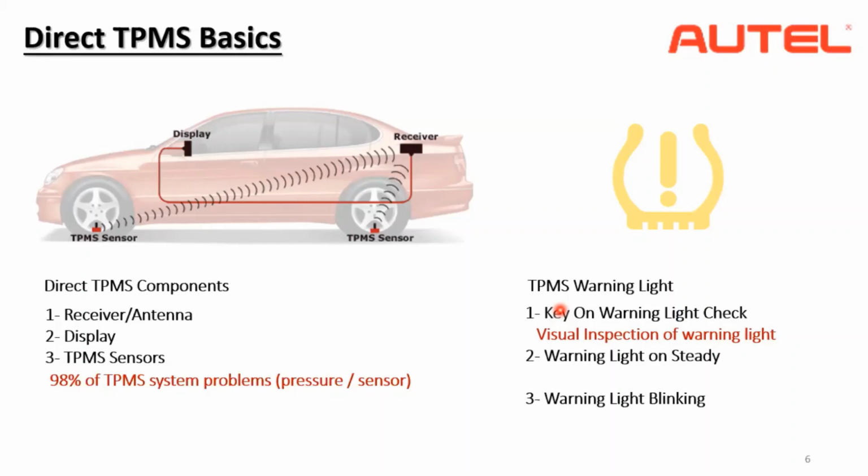That can show you if your car is equipped with the tire pressure monitoring system, or if it's not active, that means there is some kind of defect with the system.